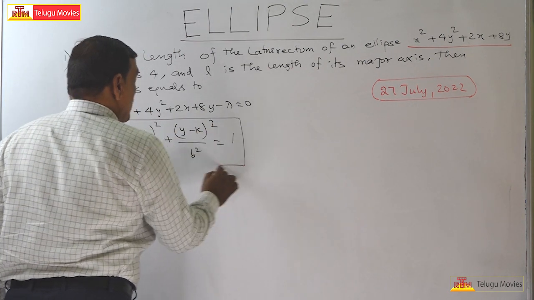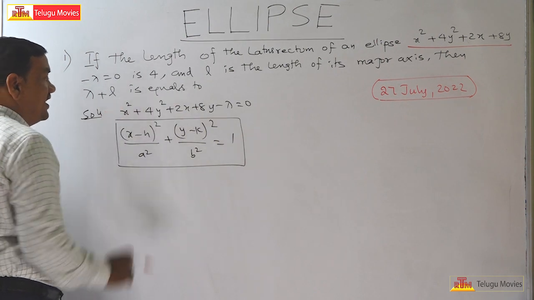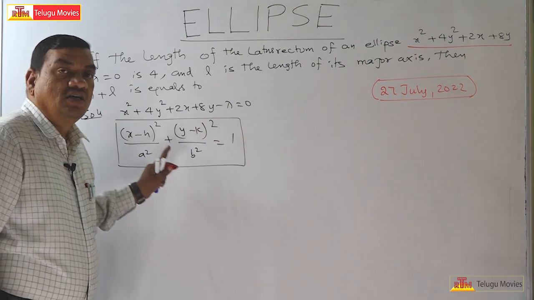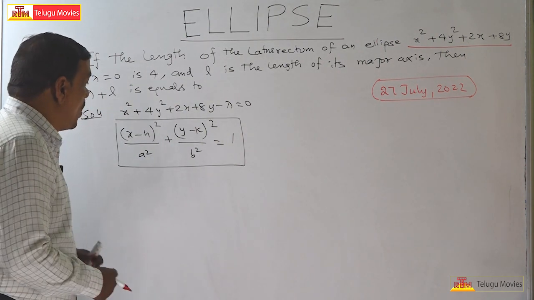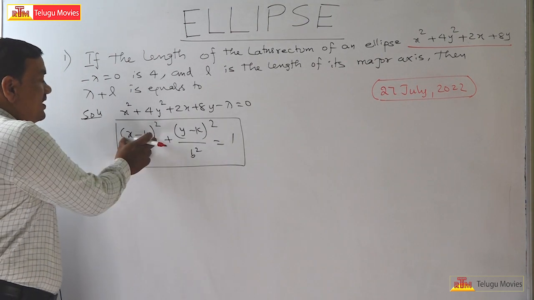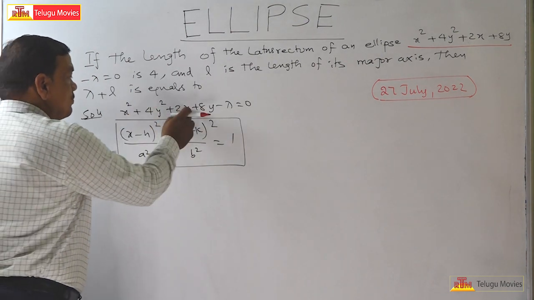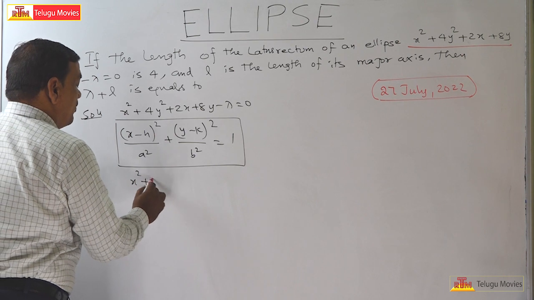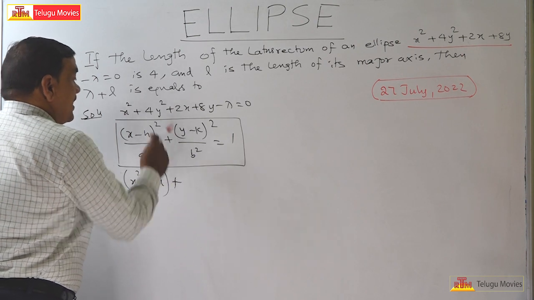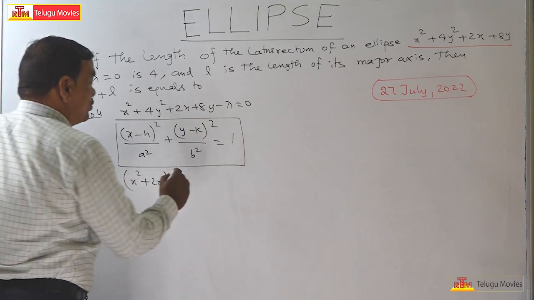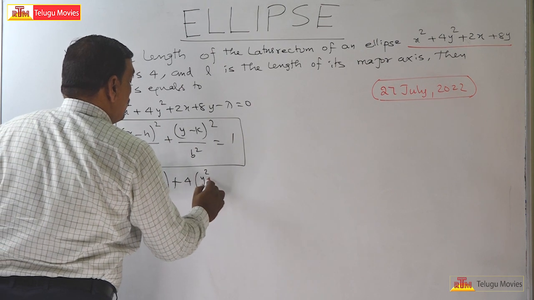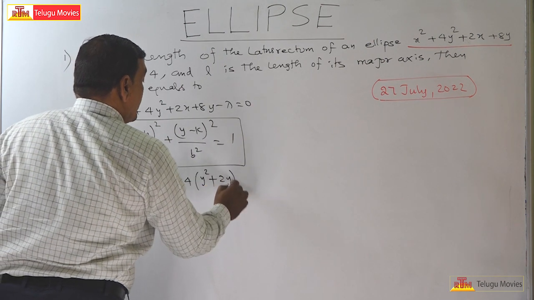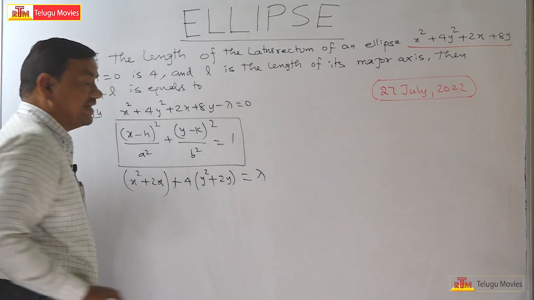How to convert? First of all, write x square plus 2x at one place. Again, 4y square plus 8y, so you can take 4 common outside, y square plus 2y. Take the lambda to the right hand side.